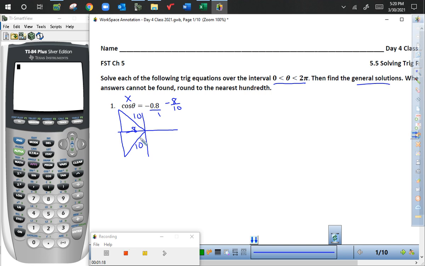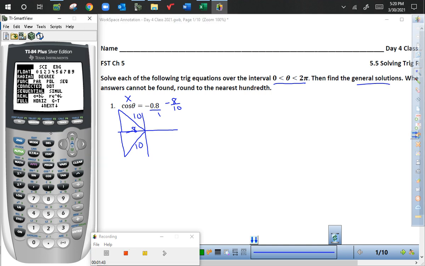To check yourself, make sure you have those in the correct quadrant, because even though this isn't a nice triangle we know, when we're using our calculator to find the angle, it's only able to give us one of the possible answers. But because this isn't a triangle we know, it would be okay to use our calculator in radian mode to get our final answer.